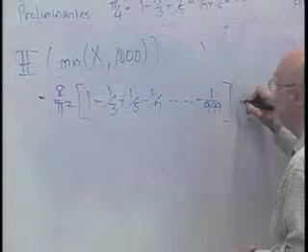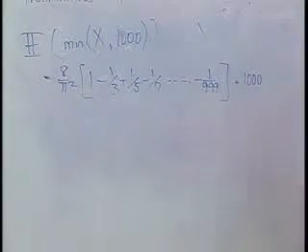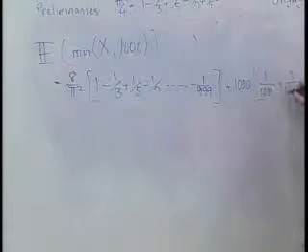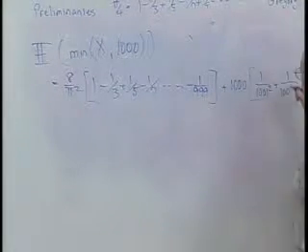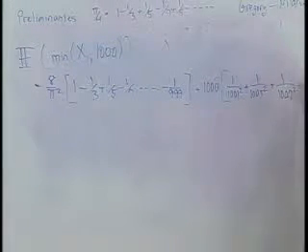So you've got plus 1,000 times 1 over 1,001 squared plus 1 over 1,005 squared, plus 1 over 1,007 squared, plus dot, dot, dot.